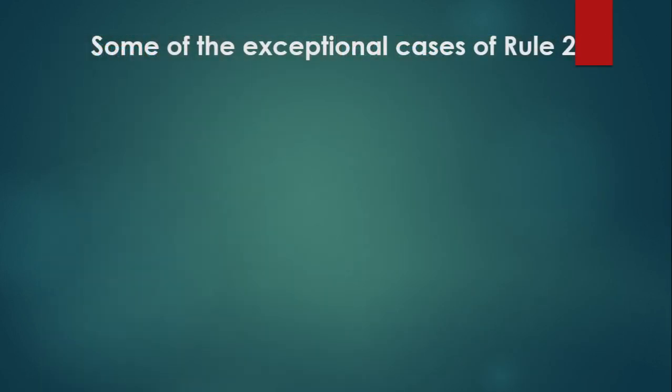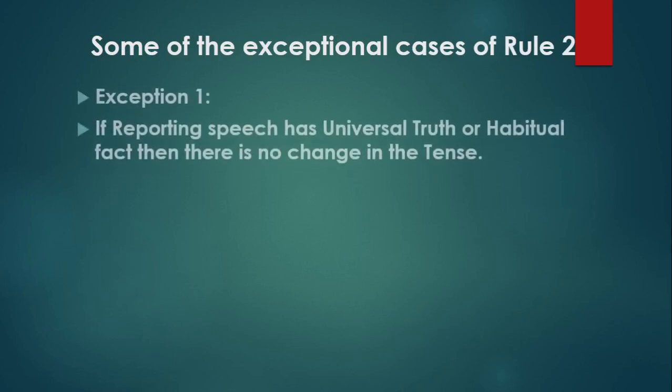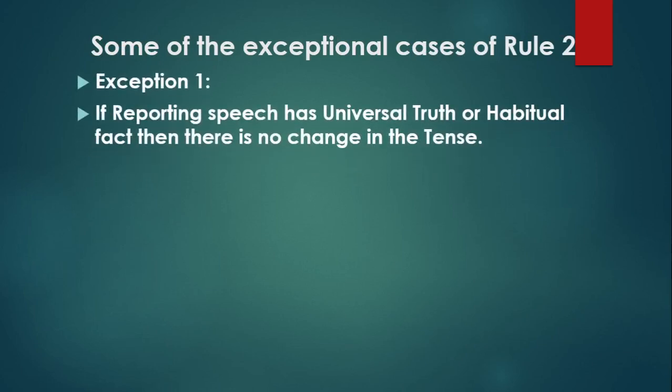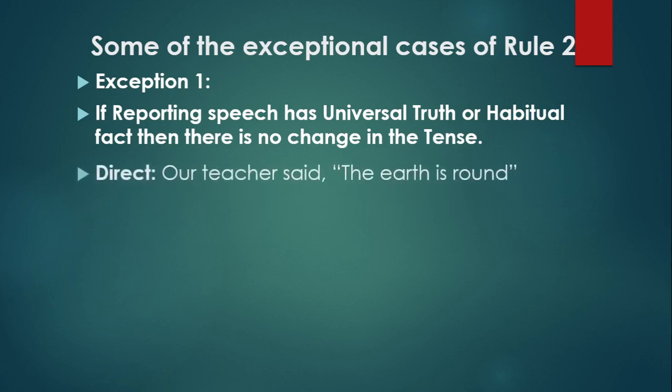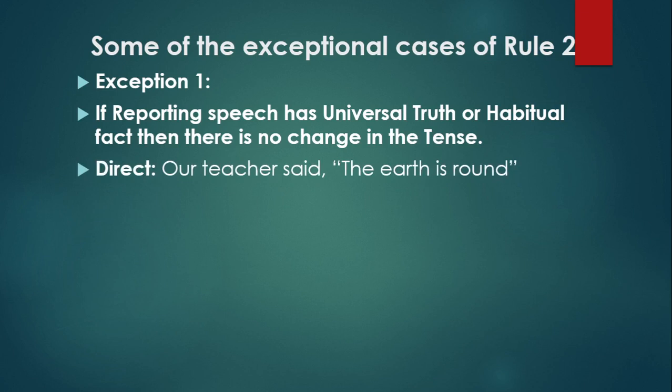Some of the exceptional cases of rule 2. Exception 1: if reported speech has a universal truth or habitual fact, then there is no change in the tense. Our teacher said the earth is round.